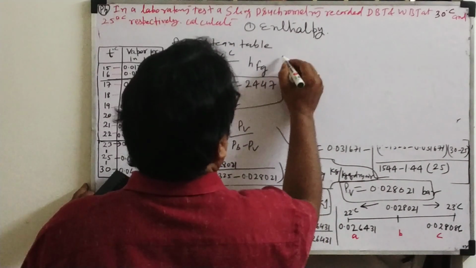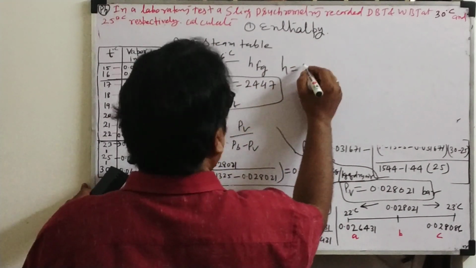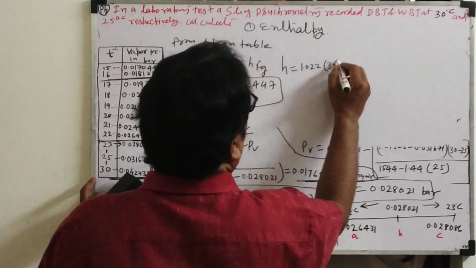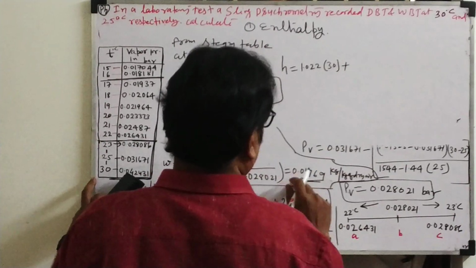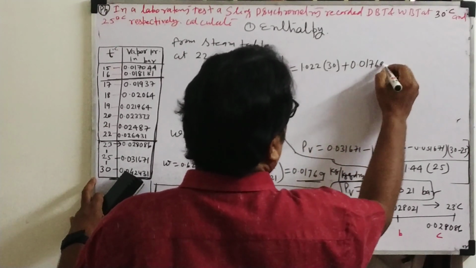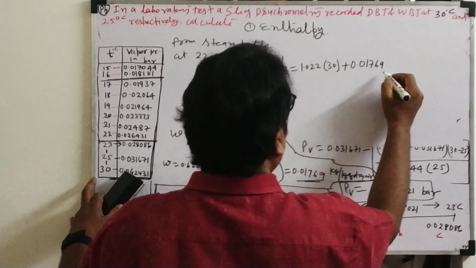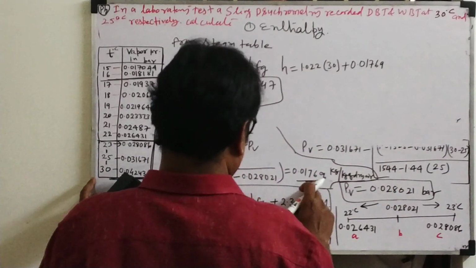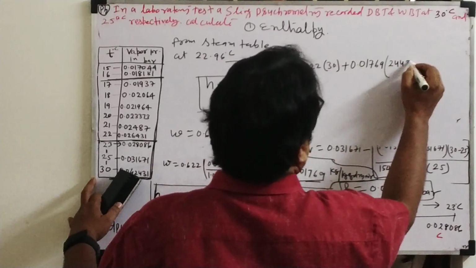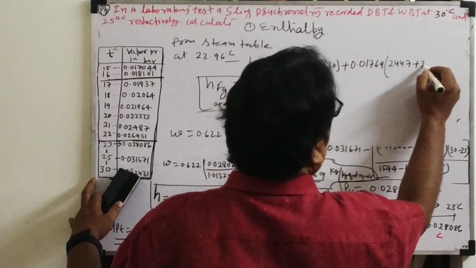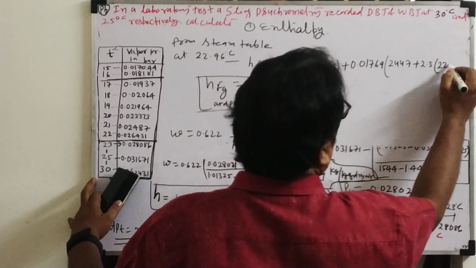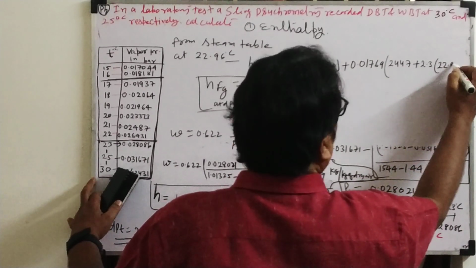Again I will write here: H is equal to 1.022 times 30, plus the specific humidity 0.01769 times (2447 plus 2.3 times the DPT value 22.961).